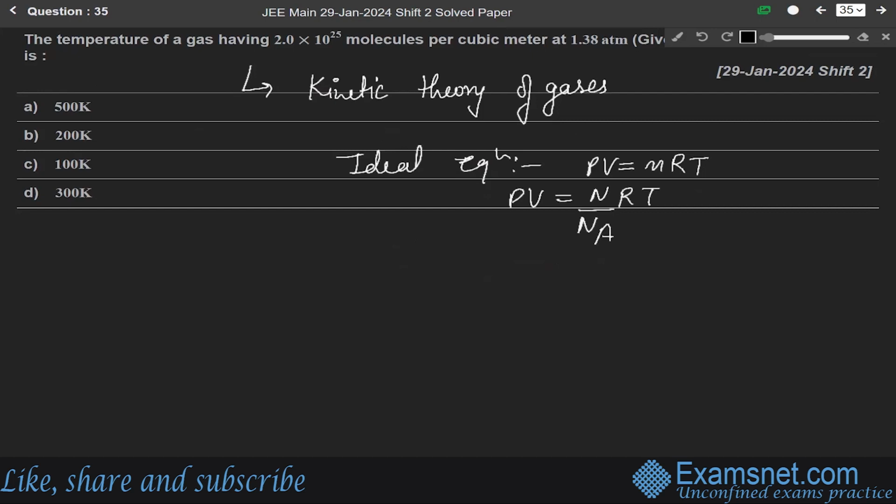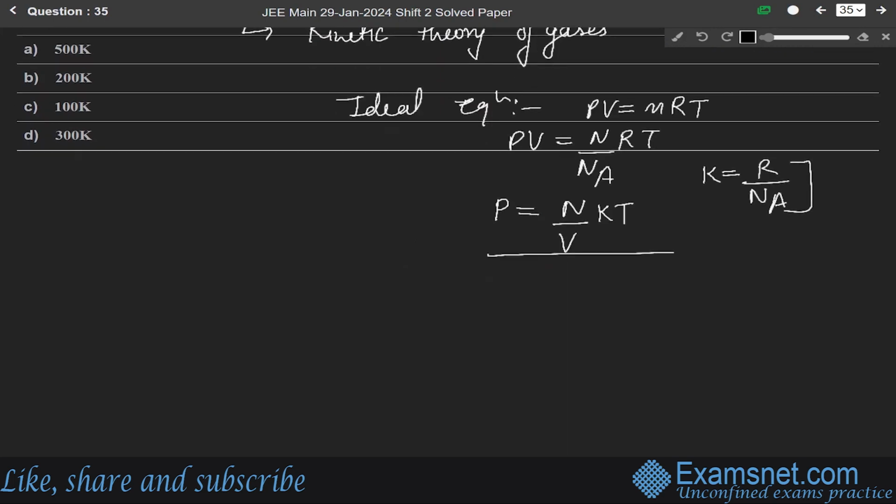Now this R over Na is what? K, the Boltzmann constant. So P will be equal to N over V into KT, where K, the Boltzmann constant, is R over Na. Now, we have to find the temperature, so pressure is equal to N over V into KT.